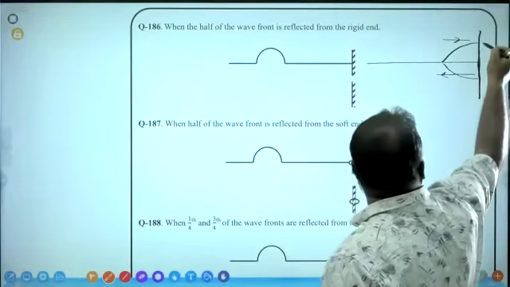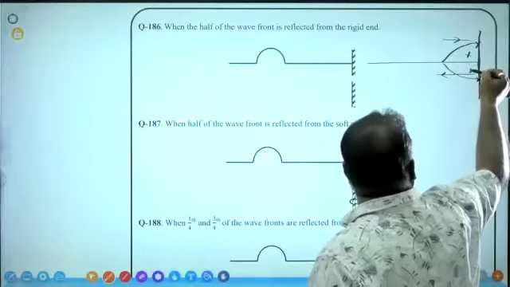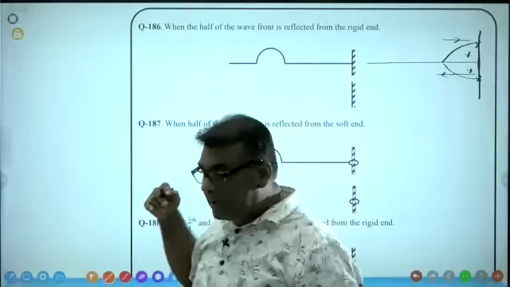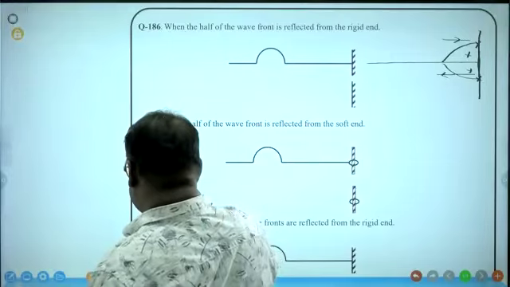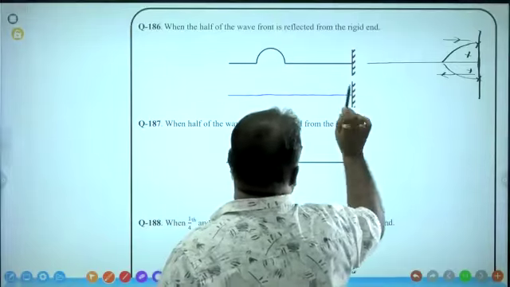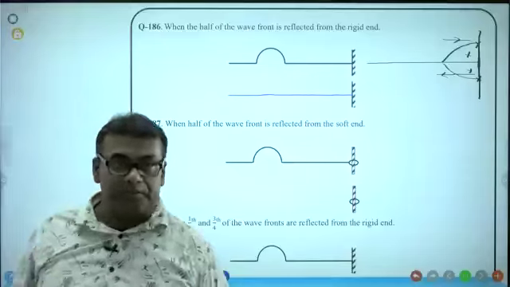Then you can see crest, trough, completely opposite direction, same frequency, same wavelength, same amplitude. Then you don't see any kind of wave. Then only the resulting one is the string. And if you have drawn a string, then that's perfect.